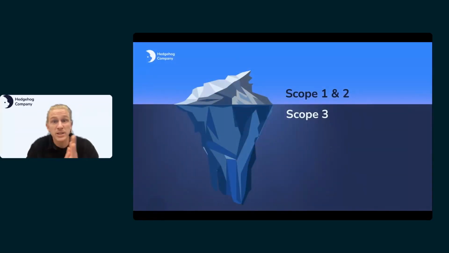Also, as you can imagine, and this is basically a rule of thumb for about 90% of organizations, scope 1 and scope 2 are just the tip of the iceberg.